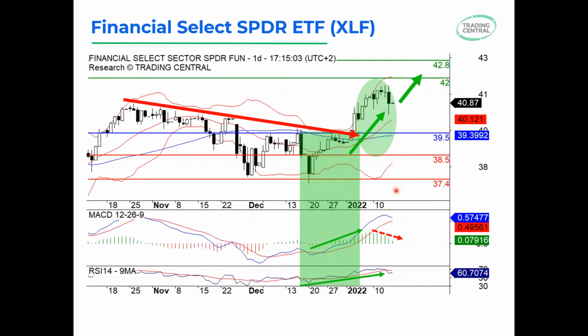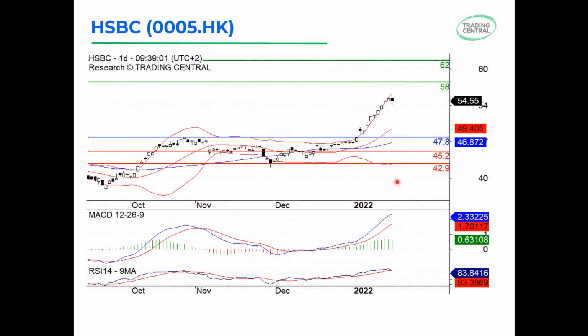Speaking about the financial stocks, the last stock I'm going to share with you is HSBC, listed in Hong Kong, number 5. Same here, we have some range bound trading, and then you see the MACD and RSI giving you some good signal back in December.